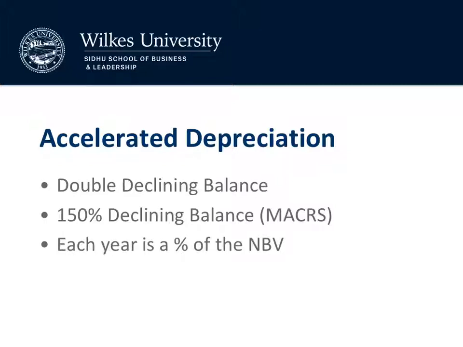The real trick to understanding accelerated depreciation is that each year your depreciation is a percentage of the net book value. When we calculated depreciation for straight line and units of activity, we used the depreciable base. We're still going to get to where our total accumulated depreciation is equal to the depreciable base, but we don't touch it for computational purposes.